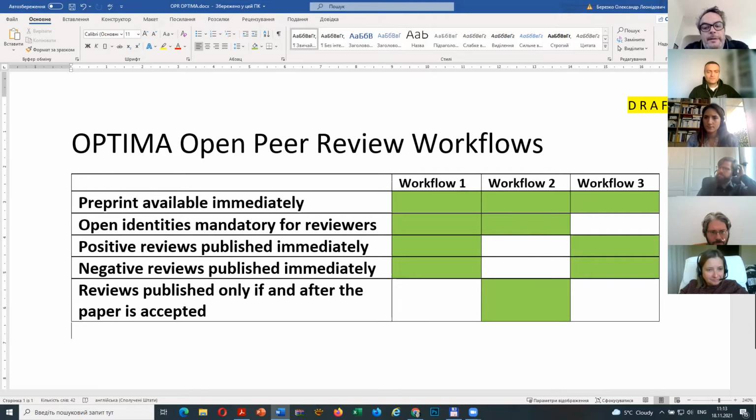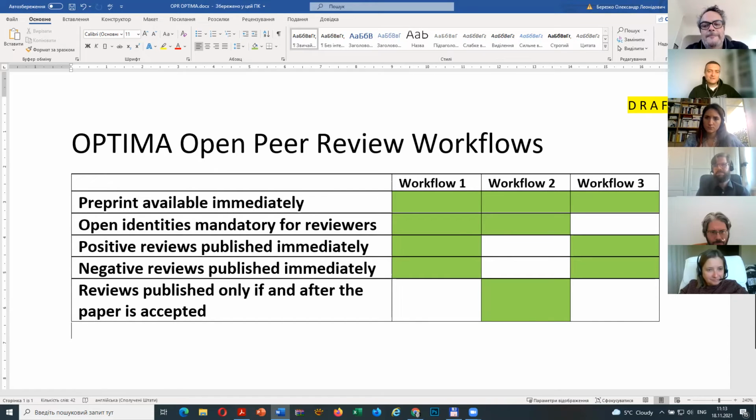So I'm not sure that I understood what the goal was: if it was to suggest different workflows and know which one would be more successful, or to suggest different workflows to see the effect of the differences on the quality of peer review, on the quality of the process, etc. It's not very clear.